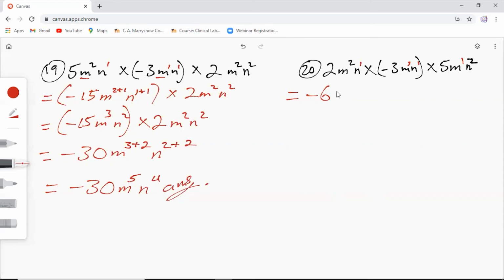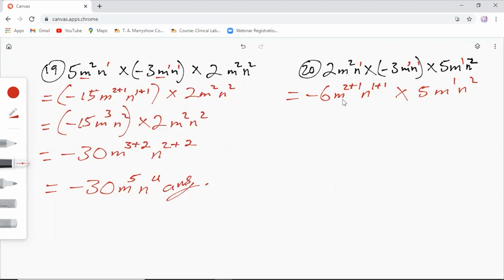Right, so negative 6, because 2 times negative 3 is negative 6, and then m squared times m to the power of 1 is m to the power of 2 plus 1. And then n to the power of 1 times n to the power of 1 is the same as n to the power of 1 plus 1. Okay, times 5m to the power of 1 n squared.